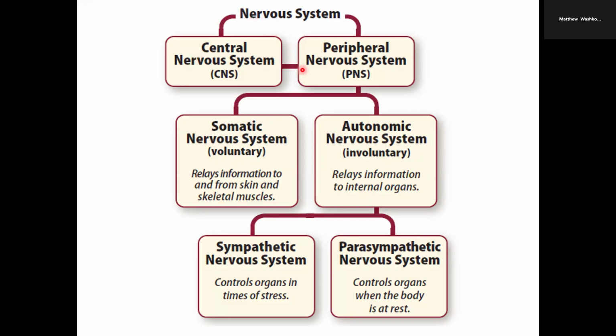Okay. Now, your peripheral nervous system is broken up into two different systems. Your autonomic nervous system is broken up into two different systems here, right? So everything here falls under the peripheral nervous system except for the central nervous system. So your voluntary and involuntary responses come from your peripheral nervous system.